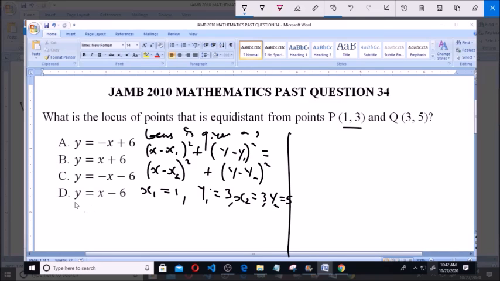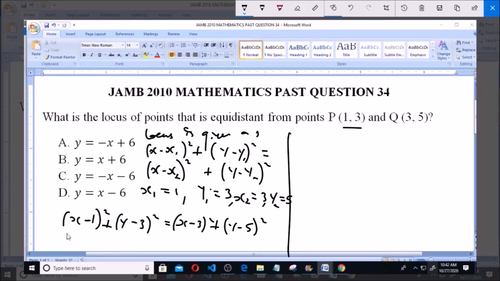So therefore we have x minus x1, which is x minus 1 square, plus y minus y1, that is y minus 3 square, is equal to x minus x2, which is x minus 3 square, plus y minus y2, which is y minus 5 square.